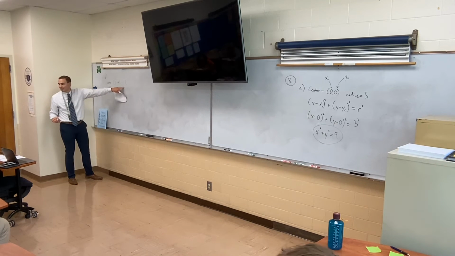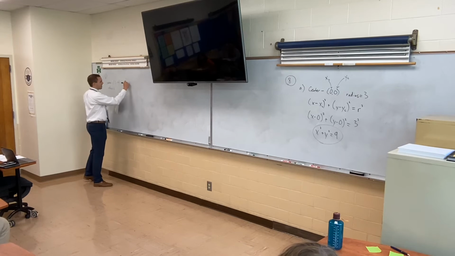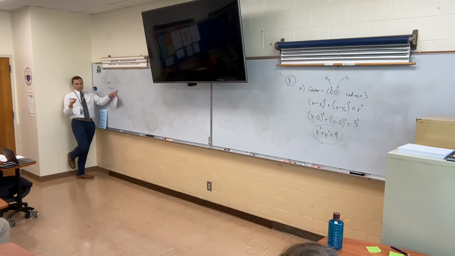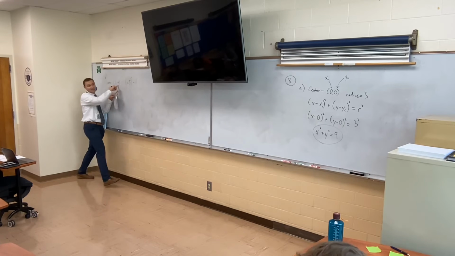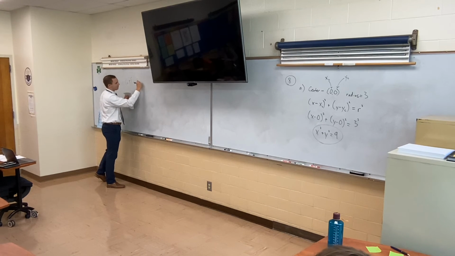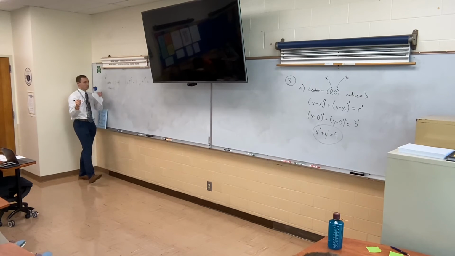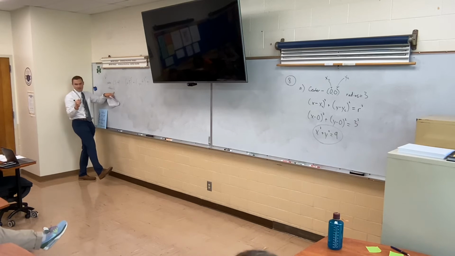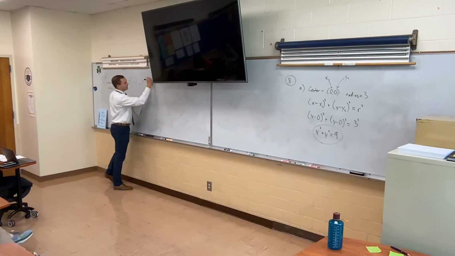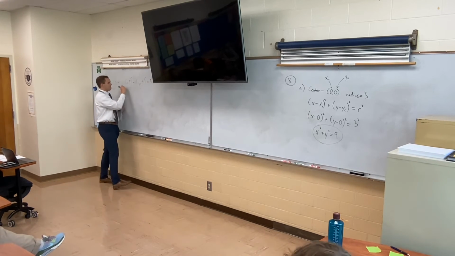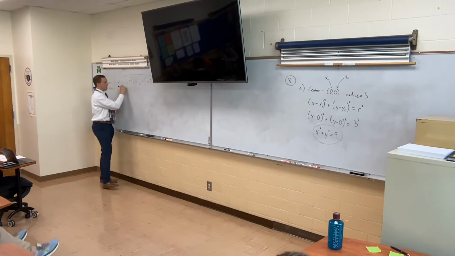X minus 5, squared, then plus y minus -4, and y minus -4 is y plus 4, right? Minus a negative is plus a positive. Squared, and equals 6 squared, which is 36. That's our answer.